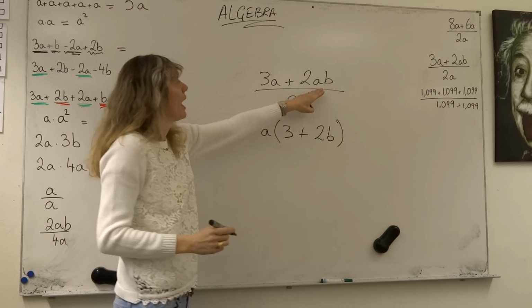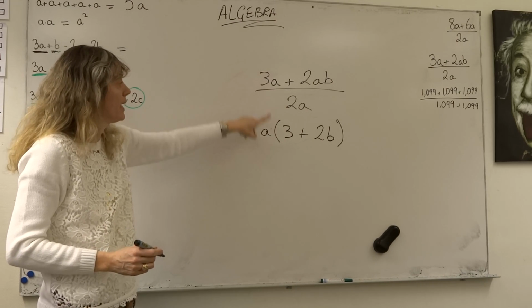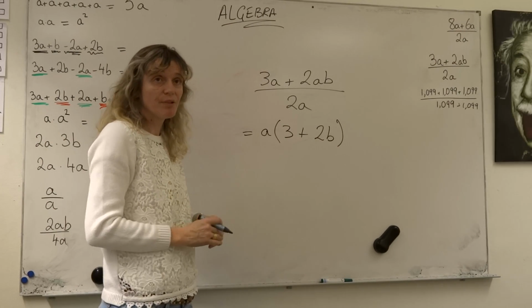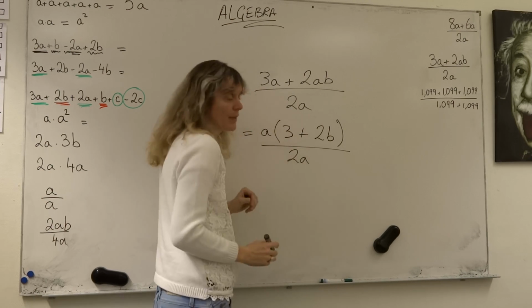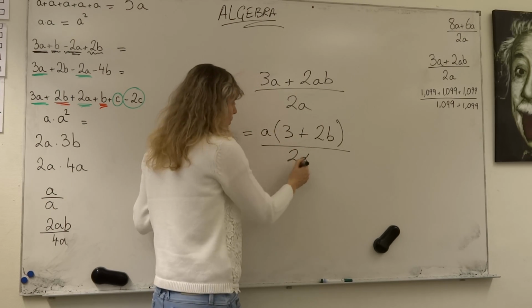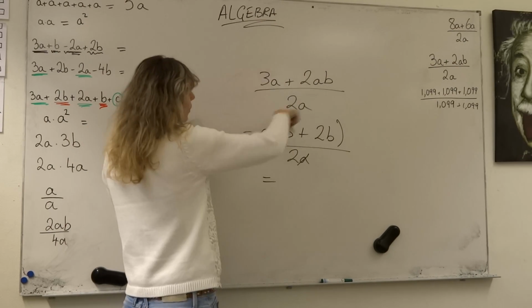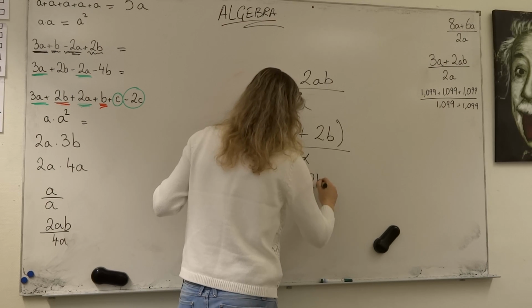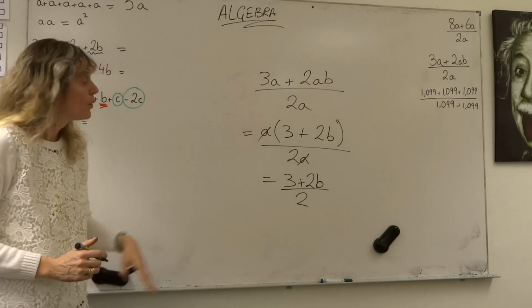So I've now taken the a out of the front of the brackets and turned the top line here into a times 3 plus 2b. You have to get used to simplifying with brackets like that, all divided by 2 lots of a. Now I have a divided by a, which I know is 1. So my answer to this, the way I can simplify it most, would be 3 plus 2b all divided by 2.